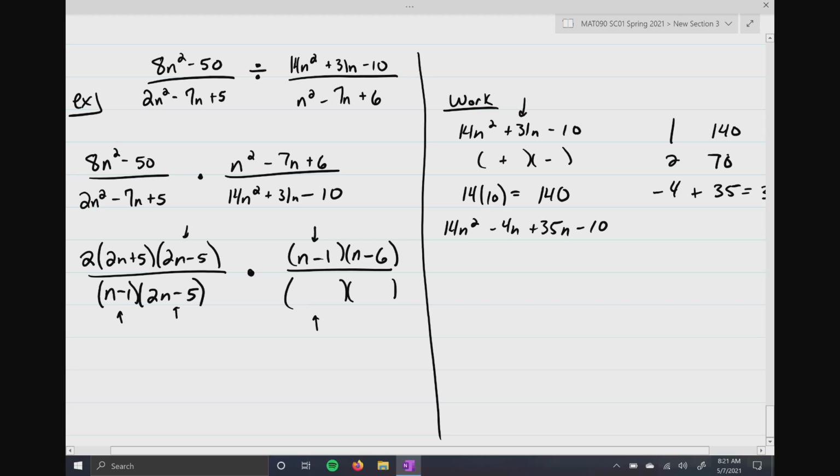And like I said, we're going to know if we're correct very quickly. Let's group. Out of the first grouping, I can factor out, what does it look like? Looks like I could do only a 2 and an n. So that's going to be 7n minus 2 plus.